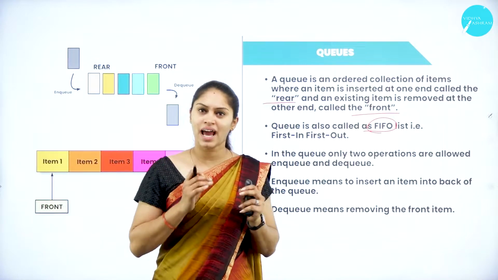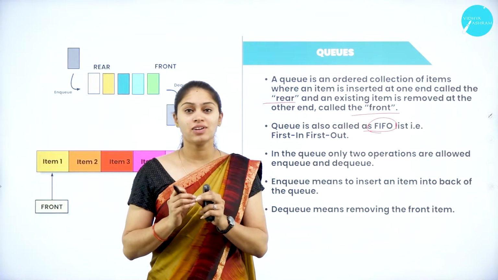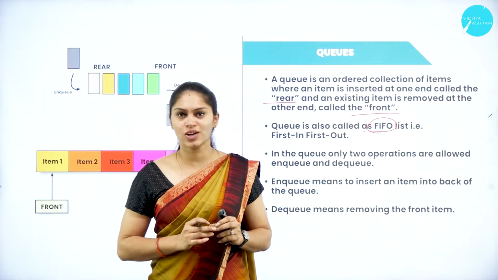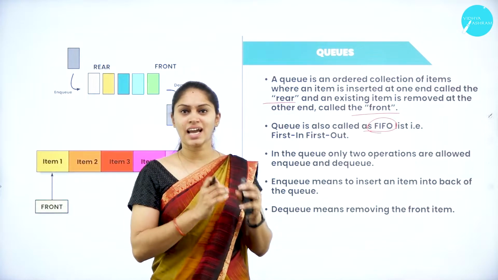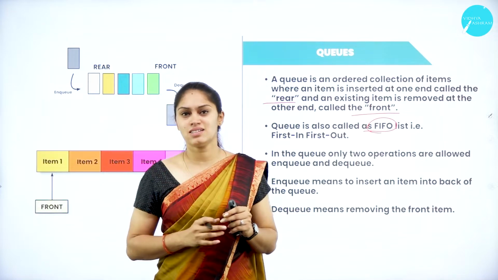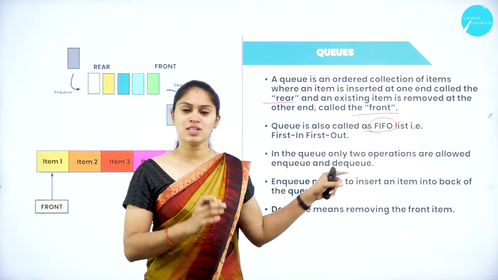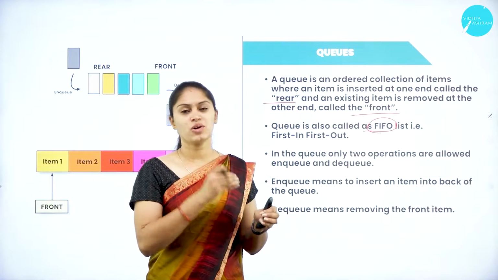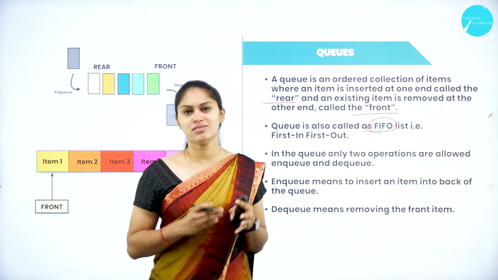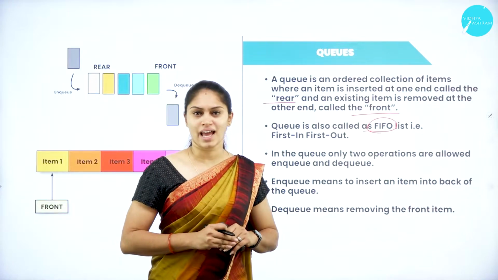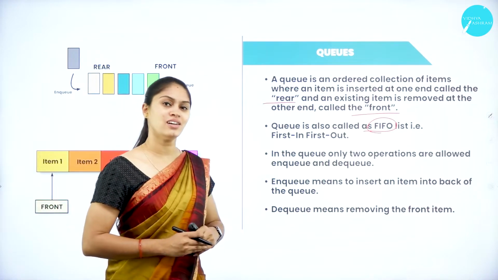The element that has been inserted first will be deleted first. The most recently added element will be deleted in the stack, but in the queue the least recently added, that means the old one, will be removed first. That is the first in, first out mechanism that we follow in queues.